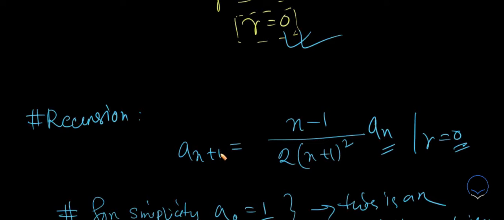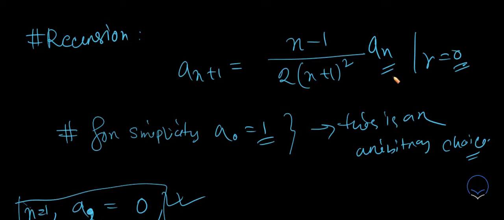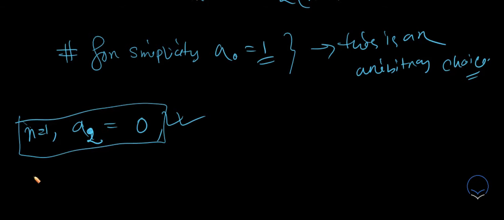if a2 is 0, then if you want to calculate a3, it will come in terms of a2. And if you want to calculate a4, that is n equals 3, let me just show you what happens.